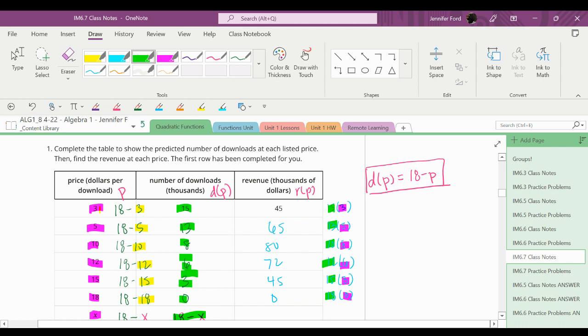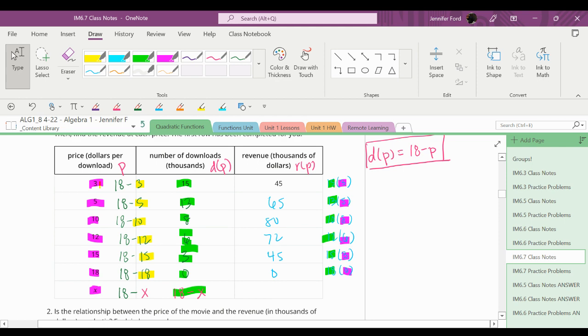Okay. So then when I go to do my equation, I know that I'm going to need to do the number of thousands of downloads, 18 minus X, which is a value. So I'm going to put it in parentheses because it's like one value. And then I'm multiplying that times the price.